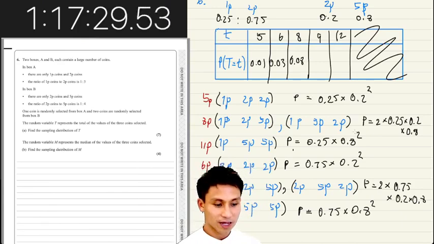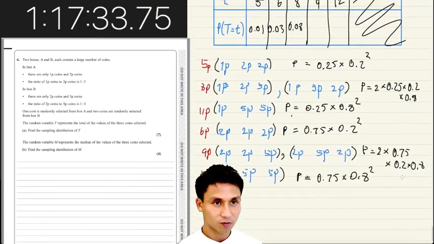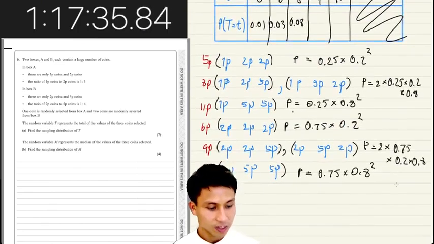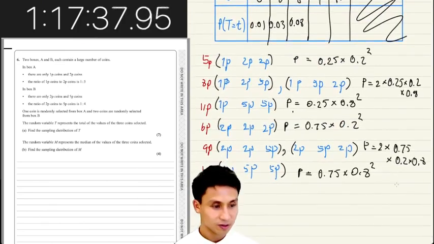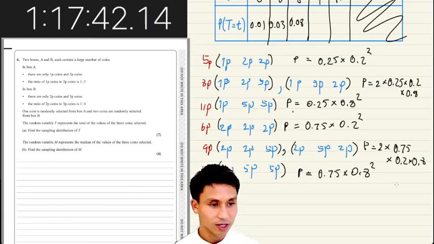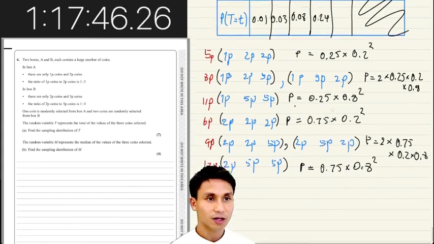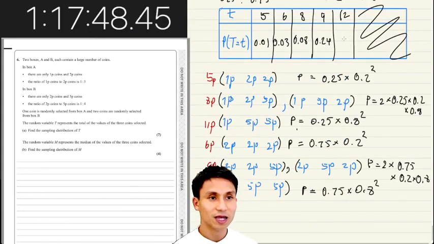And 9 pence here, yeah, we have 2 times there, this guy right here. Let me just move a bit. So 2 times the 9 pence, 0.75 times 0.2 times 0.8. That is 0.24. And 12 pence, oh, we forgot 11.